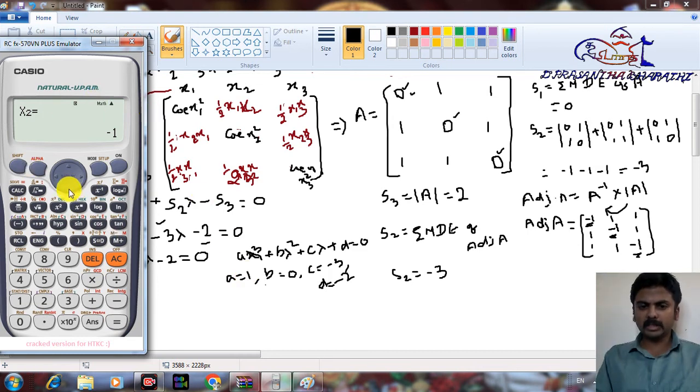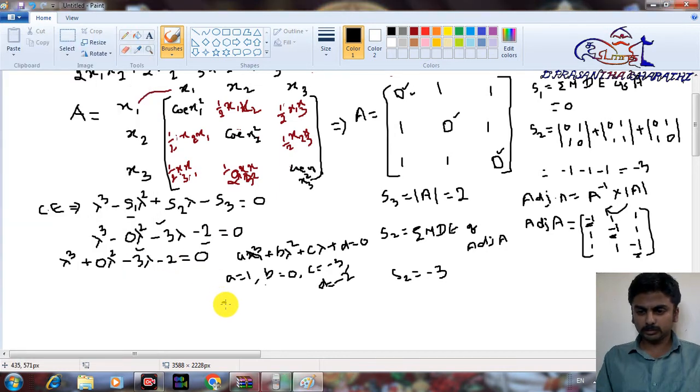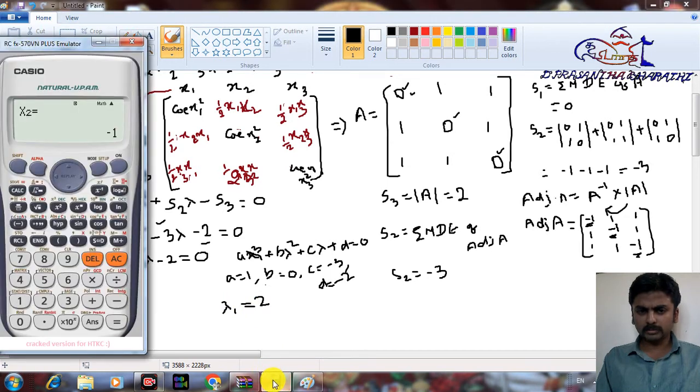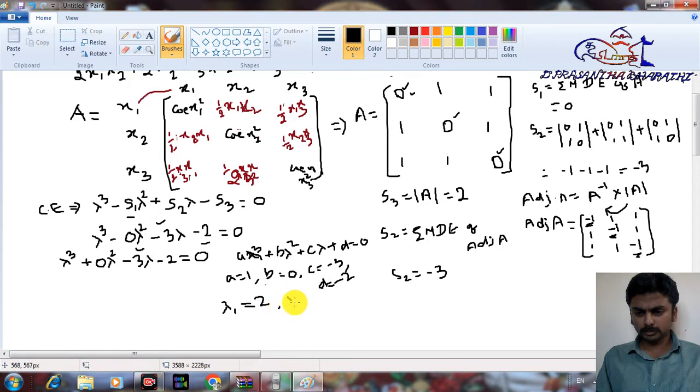Here in this calculator we can see the roots. X1 equal to 2, that is lambda 1 equal to 2, and lambda 2 equal to -1.